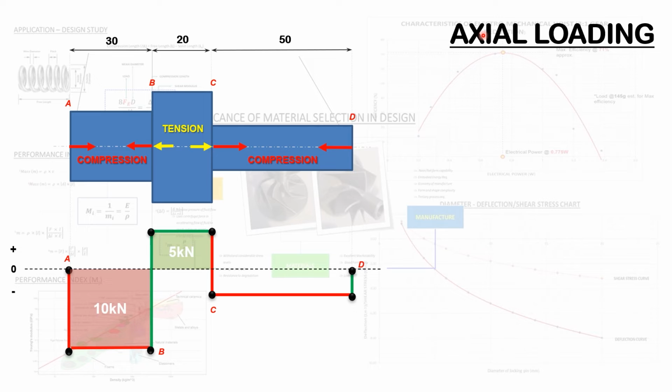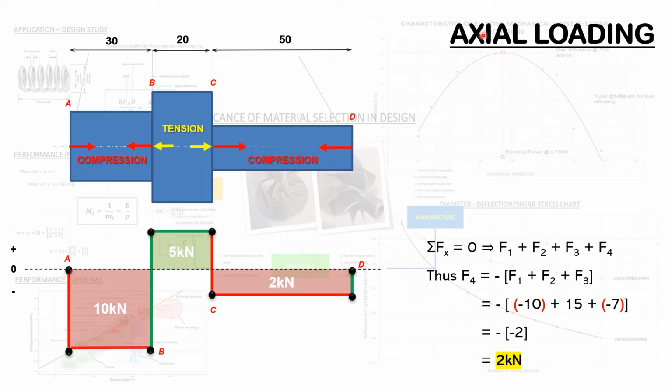Thus, for it to be in equilibrium, there has to be a countermeasure of 2 kilonewtons to bring everything back to 0. Thus, the sum of the forces within the component should sum up to 0. Okay, and there we have it.